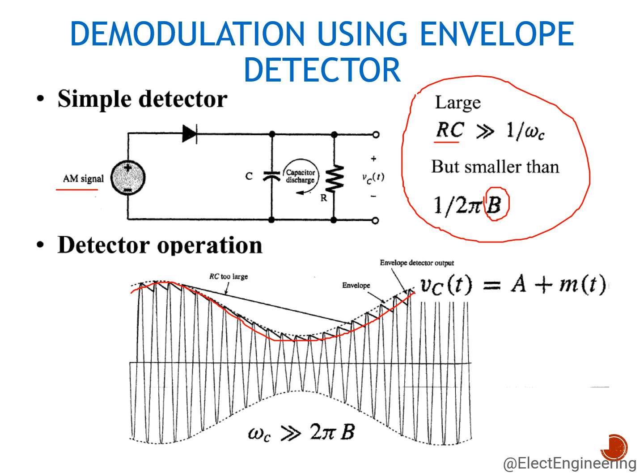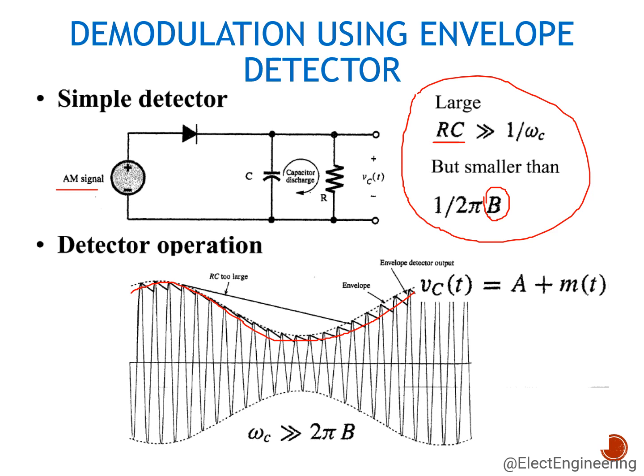So that's why the RC constant shouldn't be very high, because if it is high, then the discharge time of this circuit would be very large, right? So it should be high so that it can ignore the quicker variations in the carrier frequency.